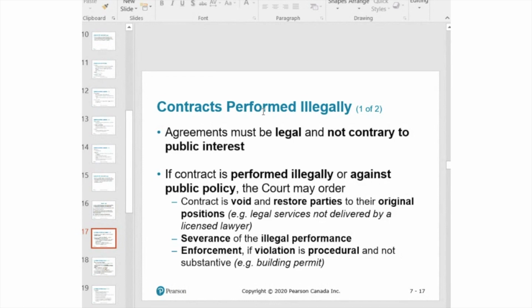Let's say you want to sue them for any other issues, or they want to sue you. The fact that they have started already in an illegal way because they don't have a building permit yet is not a big issue for the contract because that illegality can be corrected. This is just a procedural violation. This is different from the dentist because a person who is not a dentist cannot correct this in a day.